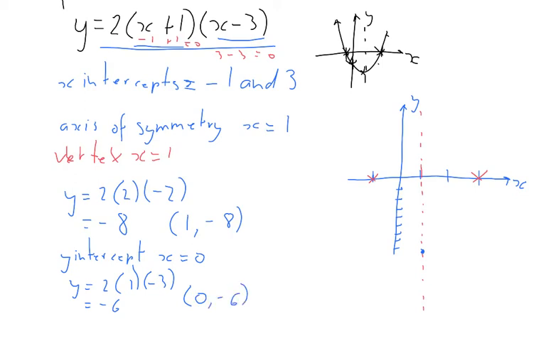So 1, 2, 3, 4, 5, 6, there it is there. So now we can sketch our graph going through those points. Make sure we have our arrows because they just keep going on and on forever and ever. So using that equation format, we can go through and find that relevant information to sketch the quadratic.